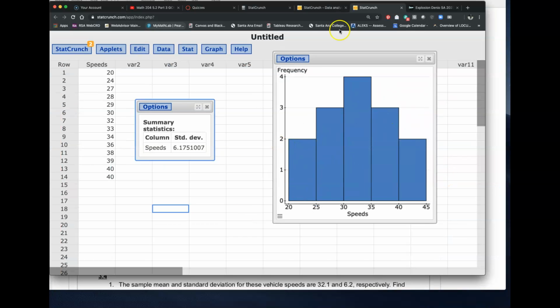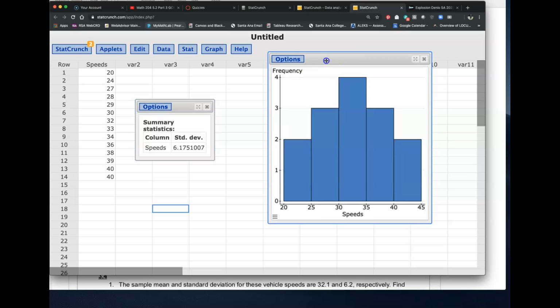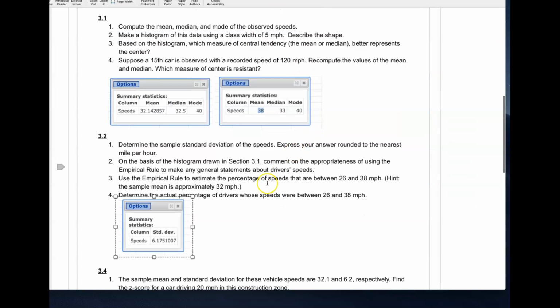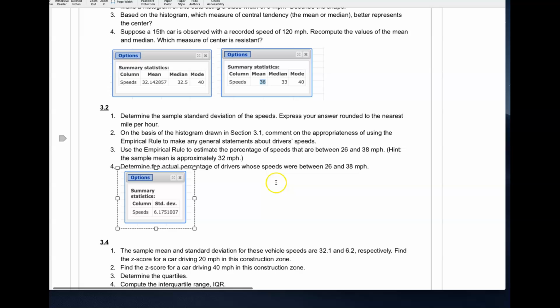How we approach that with the empirical rule is, first, the empirical rule applies when the data is normally distributed, which we have here. The empirical rule makes statements about the distribution of the data. Since we know the average and the standard deviation, we're going to say around 6.